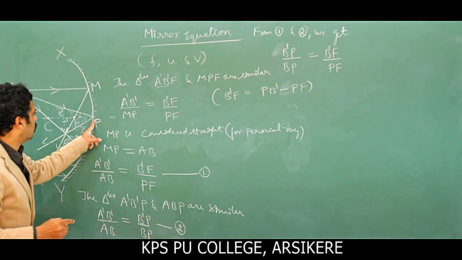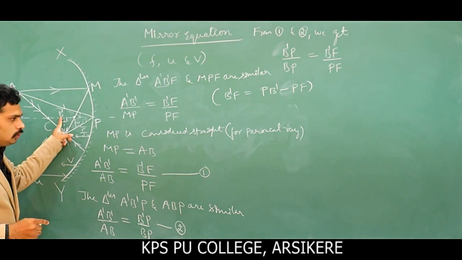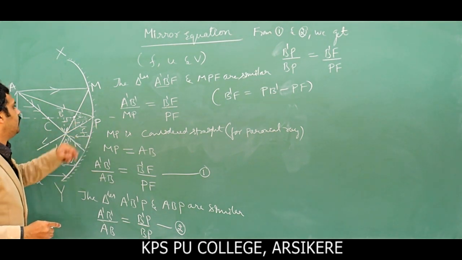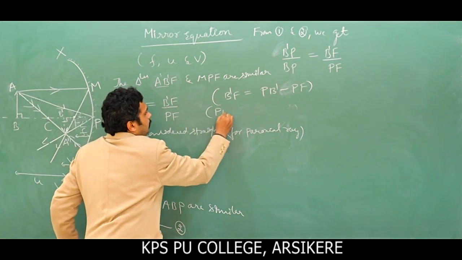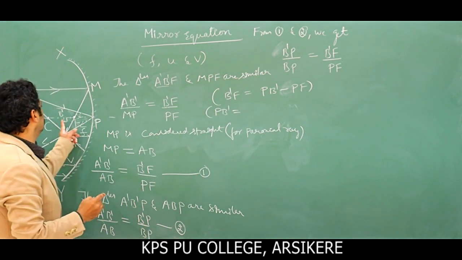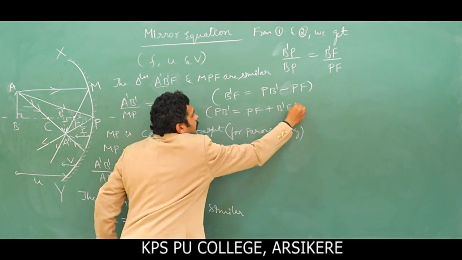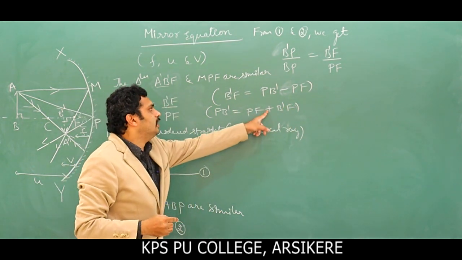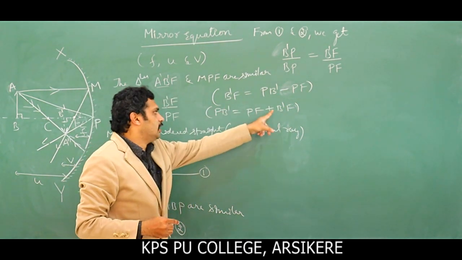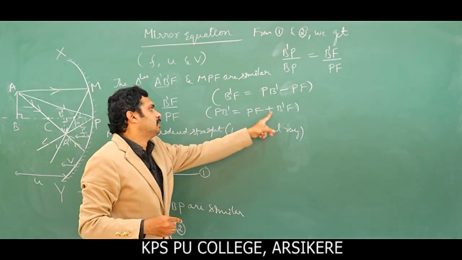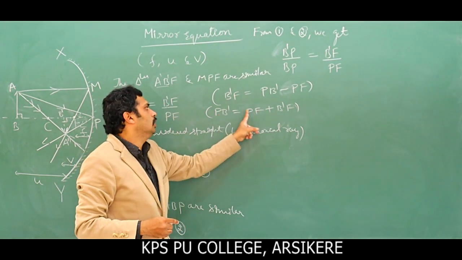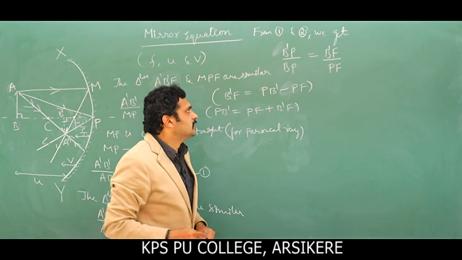How does it come? We know that PB dash is equal to PF plus B dash F. From this I am going to write B dash F. You take PF to the left hand side. B dash F is equal to PB dash minus PF.